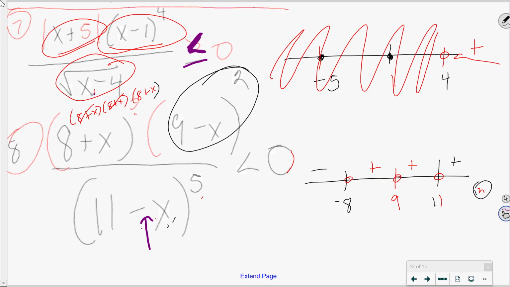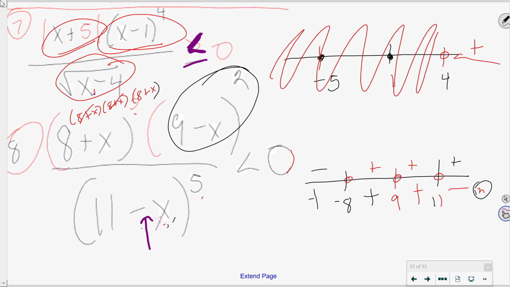You can factor a negative out and then change the direction of the inequality, because that's what you do when you divide by a negative. Or what I like to do, just flip your sign. So with a negative coefficient, instead of positives to the right, you go negatives to the right, positives to the left. A negative leading coefficient.